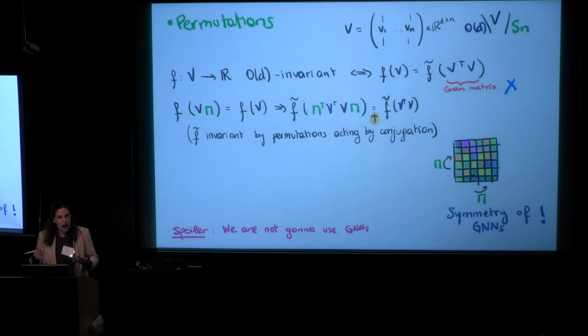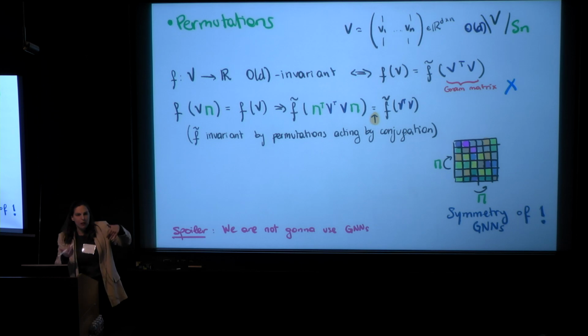Now if you apply a permutation to your points, then the permutation of the columns of B maps to a permutation of the rows and columns of B transpose B. So if you look at the matrix of inner products, if you just permuted the columns of B, in the matrix of inner products you are permuting the rows and the columns.